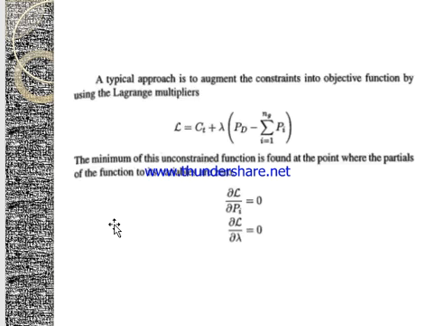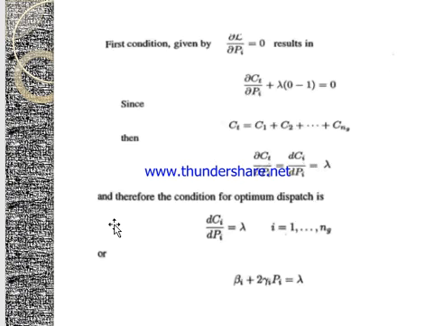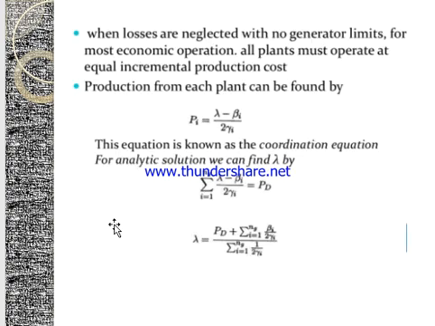By the Lagrangian multiplier method, we can obtain this equation. We have to differentiate it with respect to both parameters, with respect to lambda, the Lagrangian parameter, and with respect to the power. Considering the first equation, we find the condition for the optimum dispatch. We get beta i plus 2 gamma i Pi is equal to lambda.